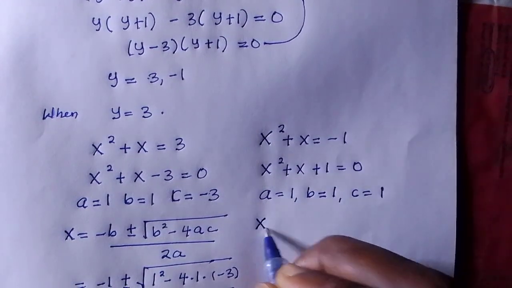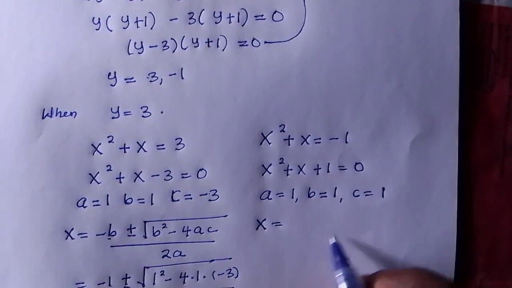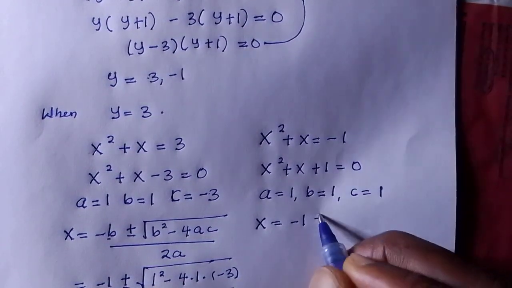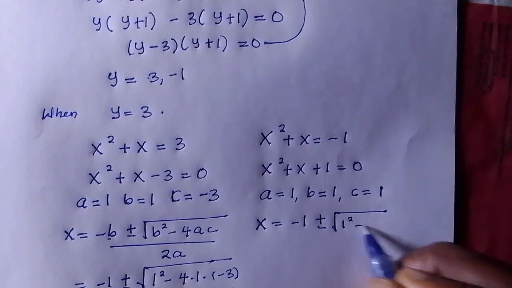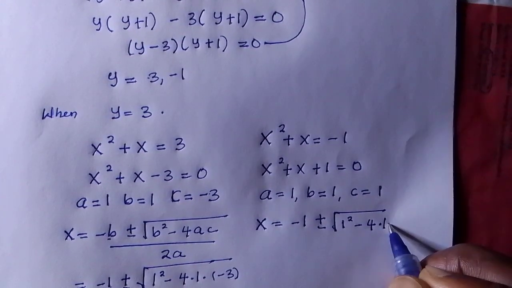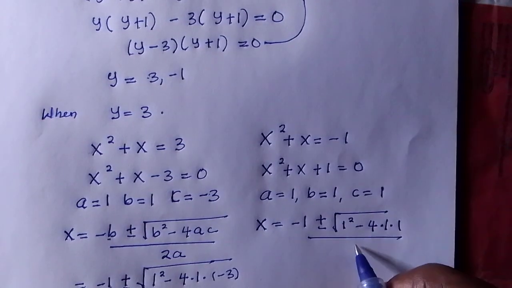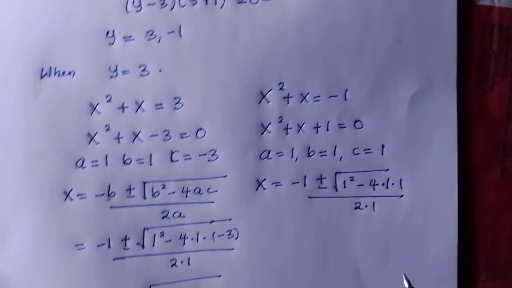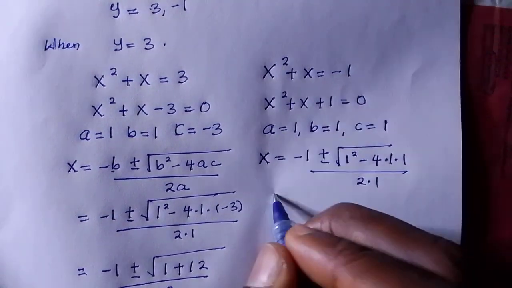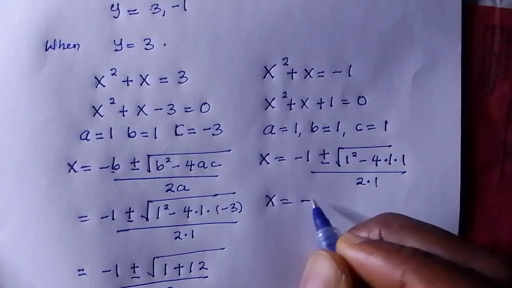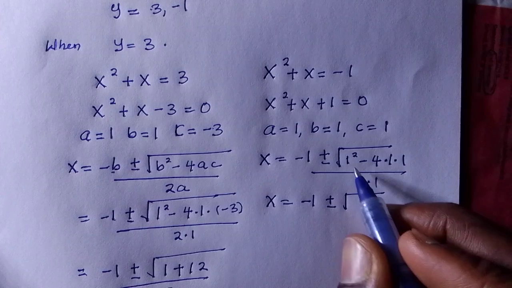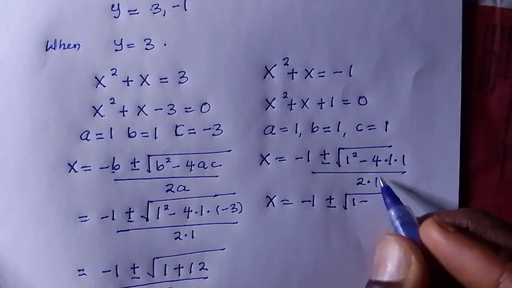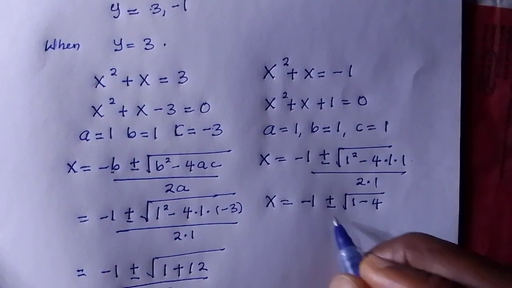Then by substituting in the formula, we have (-1 ± the square root of (1 squared - 4 multiplied by 1 multiplied by 1)) divided by 2 multiplied by 1. So next we have x = (-1 ± the square root of (1 - 4)) divided by 2.